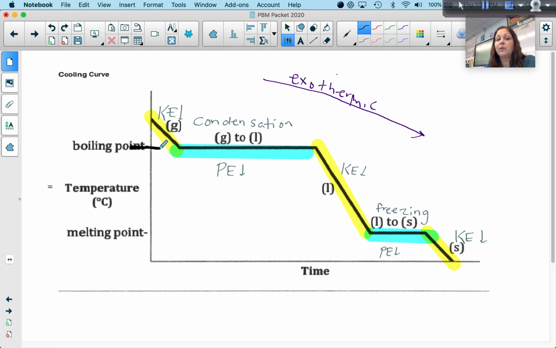Boiling point would be the temperature that it condenses and boils, depending on whether you are releasing or adding heat. The melting point here, the substance would melt at this temperature if you added heat, but it would also freeze at this temperature if you took heat away.